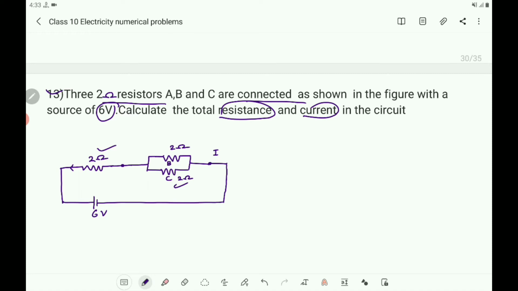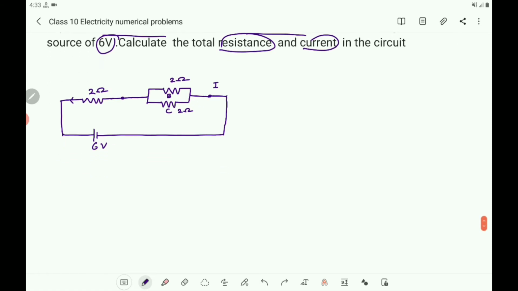And you observe that these 2 ohm resistors are connected in parallel, and this system is connected with the other resistor of 2 ohms. So first let us find out the equivalent resistance in this combination.